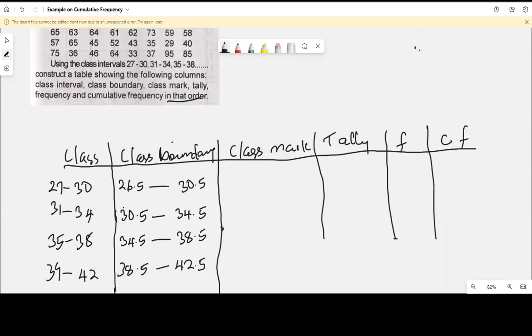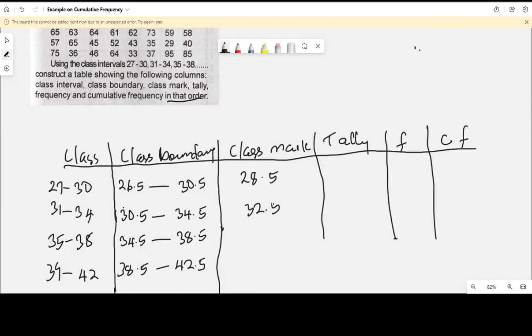That will give us the class mark for that interval. 27 plus 30 divided by 2 gives us 28.5. If you have your calculator with you, you can confirm it by yourself. Then 31 plus 34 divided by 2 gives us 32.5.